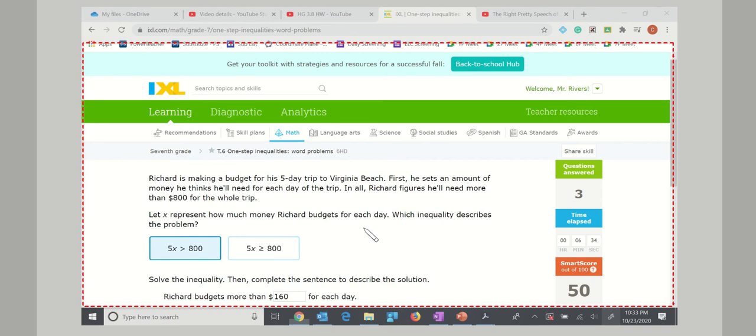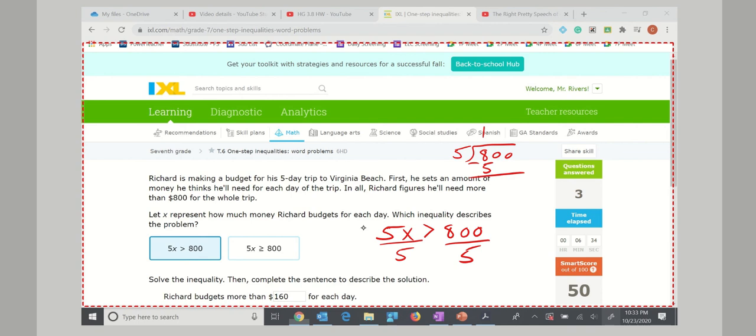So I'm going to get my stylus. So 5x is greater than 800. To solve for this, I need to divide both sides by 5. Okay, now we're going to divide. 5 goes outside, 800 goes underneath. 5 goes in 8 one time. 5 multiplied by 1 is 5.